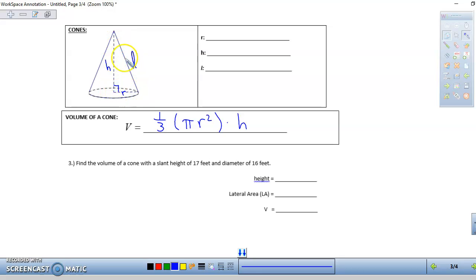That also creates a right triangle that you can use to help yourself. Okay, last thing here, volume of a cone. So you're going to draw yourself a little oval, put a point at the top. Okay, give this a try. You should end up with a volume of 320 pi feet cubed.